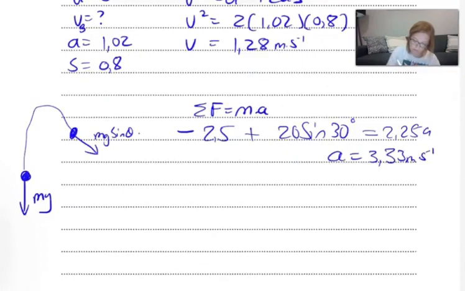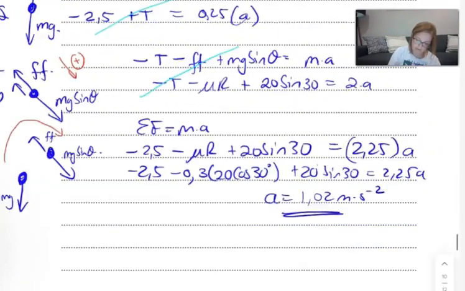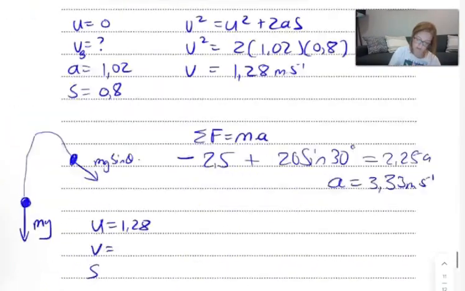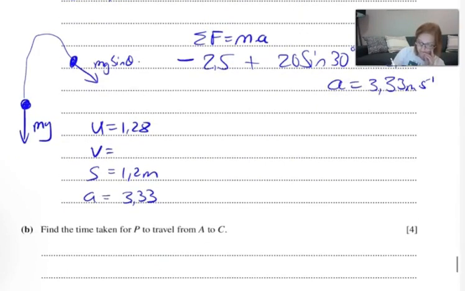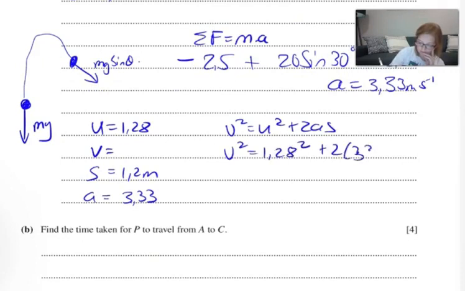Okay, and so our velocity is 1.28 to start with. We're trying to find our end velocity. Our distance in this case is 1.2 meters. And my acceleration is 3.33 meters per second squared. Okay, so v squared is u squared plus 2as. 3.3 and 1.2.